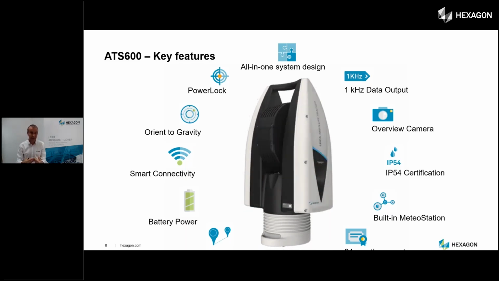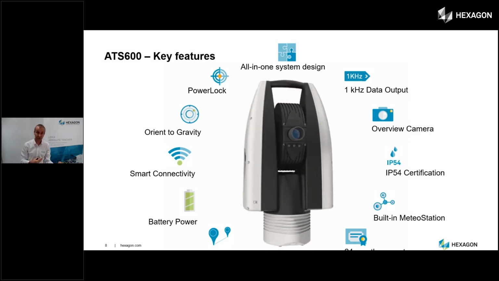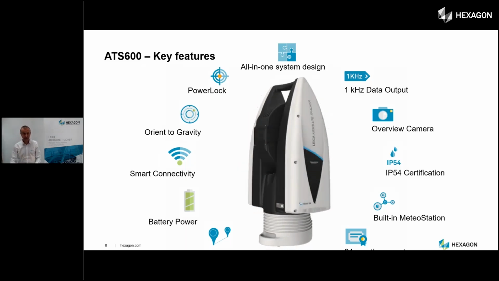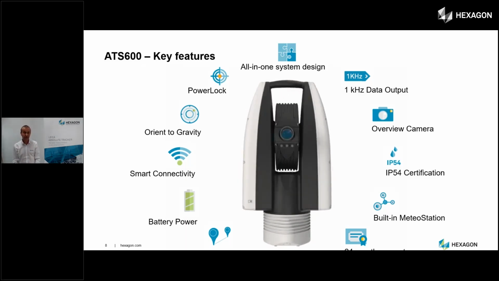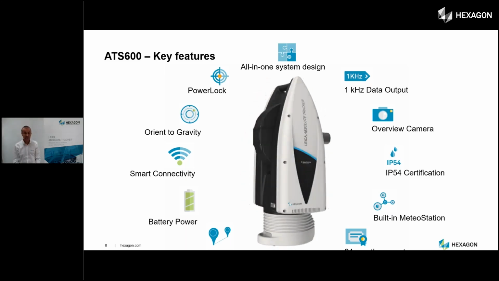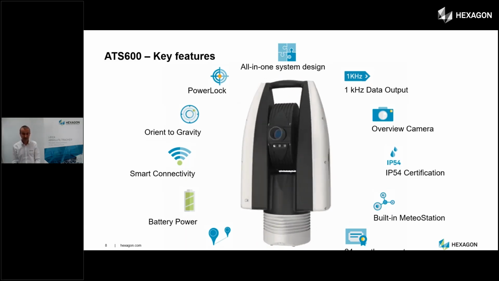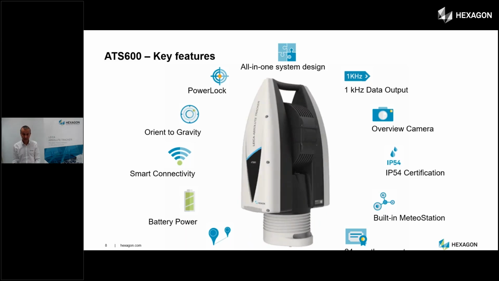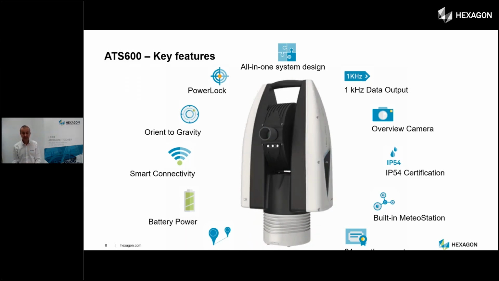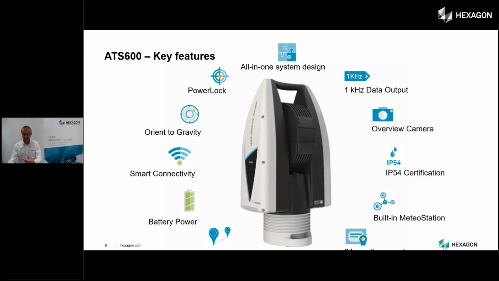So in this way, we can guarantee with the 8403 and with the 8960 an absolute distance accuracy over the full range of 10 microns. So 10 microns, the most accurate absolute distance meter we have built into our 2 laser trackers. So the meteo station allows us to have this really very precise distance measurement, and it corrects automatically.